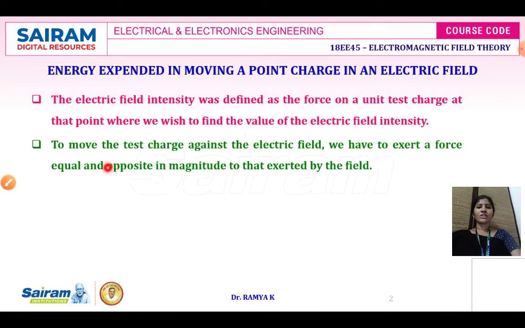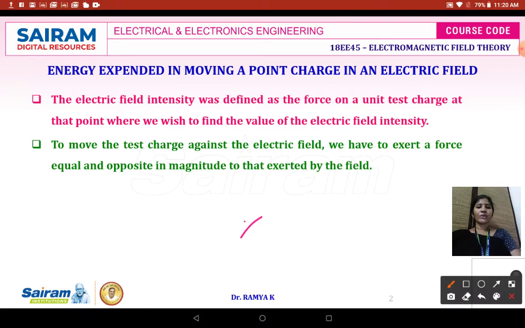To move the test charge against the electric field, we have to exert a force equal and opposite in magnitude to that exerted by the field. Consider the direction of the wind to be in this direction.